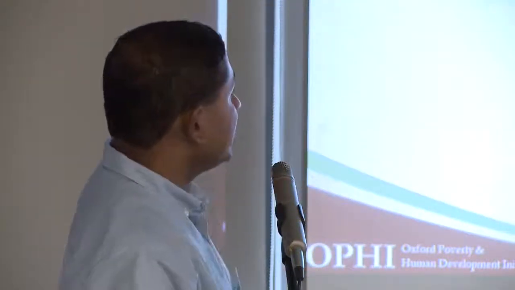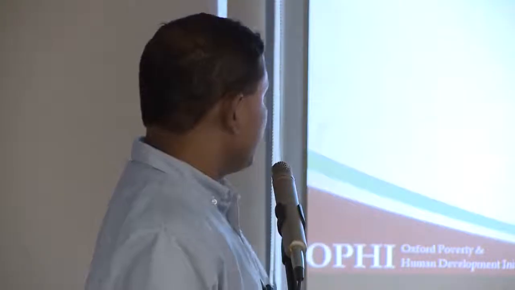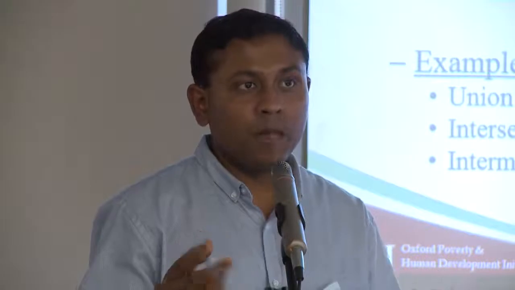And then in the second stage, identify if someone is poor based on an identification function criterion. Example: union criterion. The union criterion identifies a person as poor if deprived in at least one dimension. This is a very common approach taken in multidimensional analysis that we will discuss, and we'll see what the main problems of this approach are.